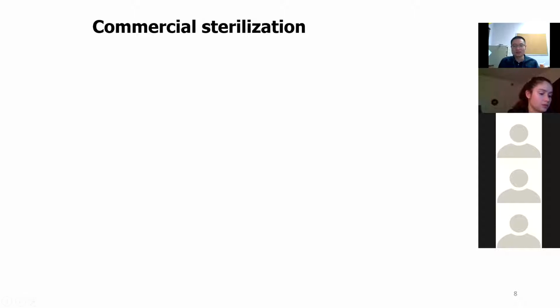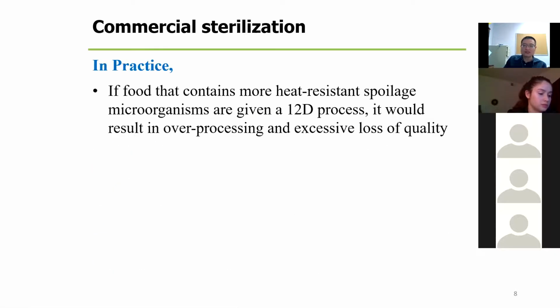But for commercial sterilization, it's kind of different. In this case, we no longer seek the 12D process. So remember, 12D is 12 decimal reductions, okay? Basically 12 log, so it's quite a lot.